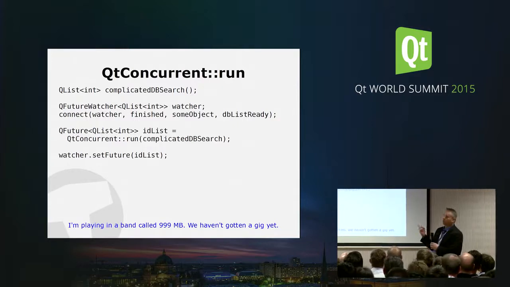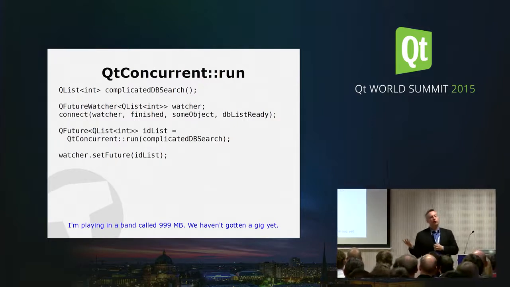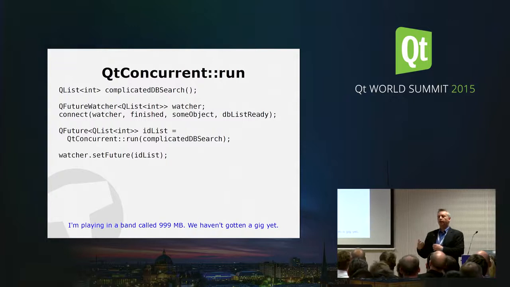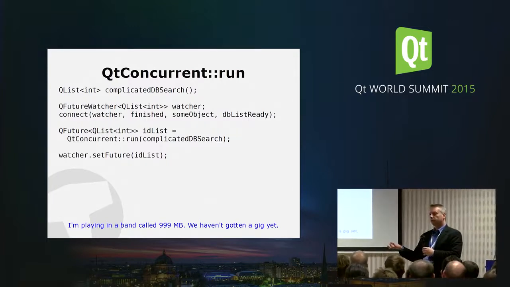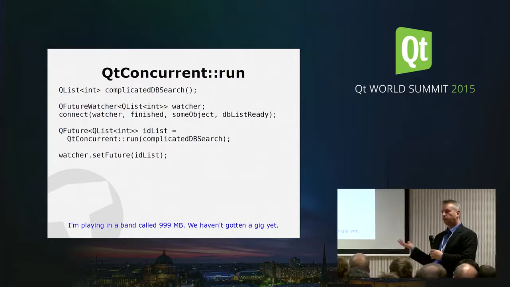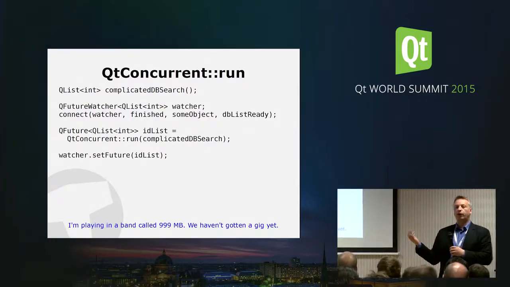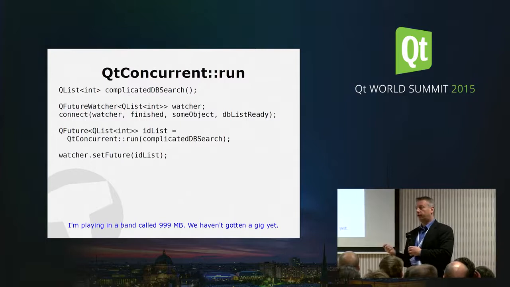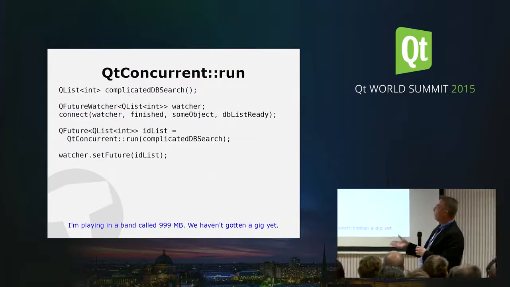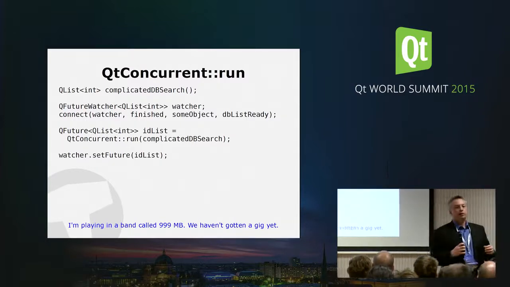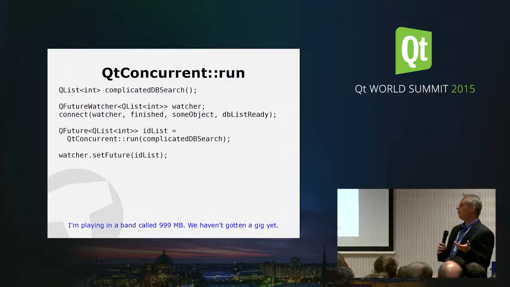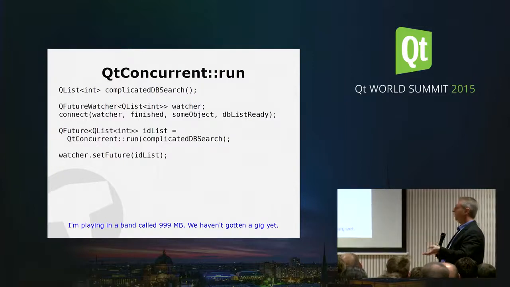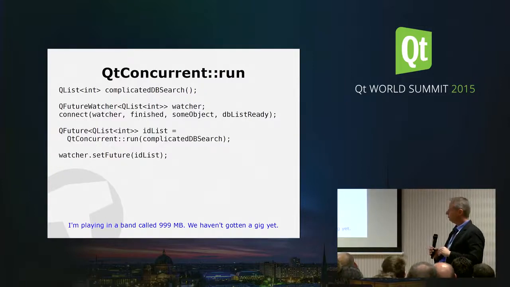The one thing that this has going for it that the thread pool doesn't is that it's very easy to get a signal once something is done using the QFutureWatcher. So instead of you going, are you done yet? Are you done yet? The kids-in-the-backseat way of doing testing, you just create a future watcher object, and connect to the finished signal.